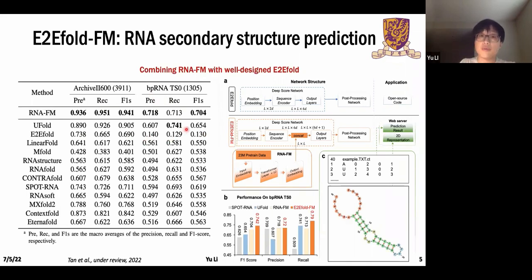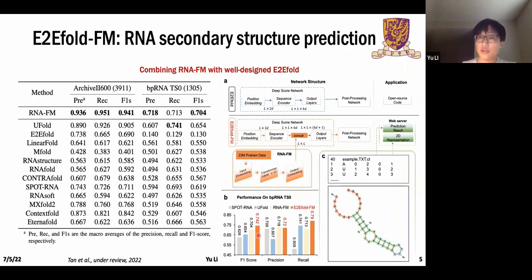But with the help of the RNA Foundation Model on this hard dataset, the overfitting issue can be resolved very well, and it can outperform the previous methods significantly. Even compared with the RNA Foundation Model itself, we can improve the method by about 4% regarding F1 score. So here it is to predict the secondary structure.